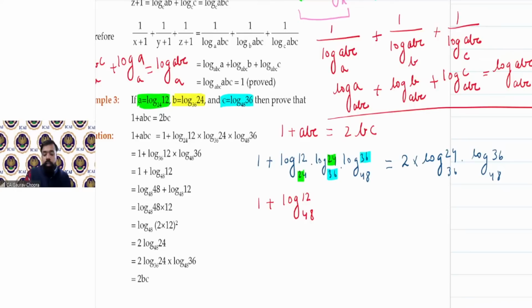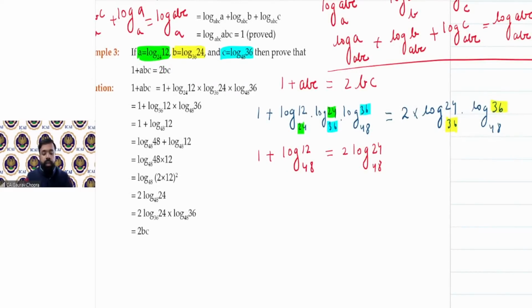All right. On the other side, you can see that 36 and 36 both are same in cross. So we can write it as 2 log of 24 base 48. So 36 is cancelled. All right.